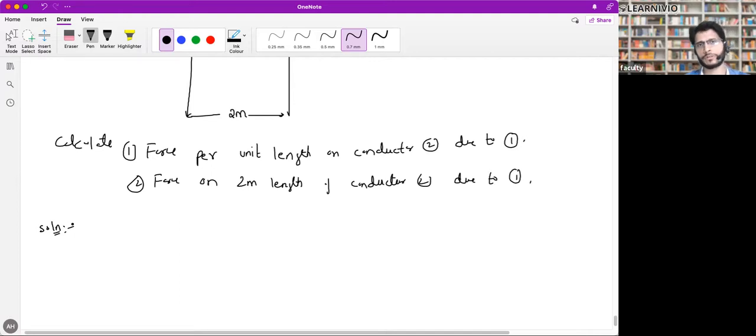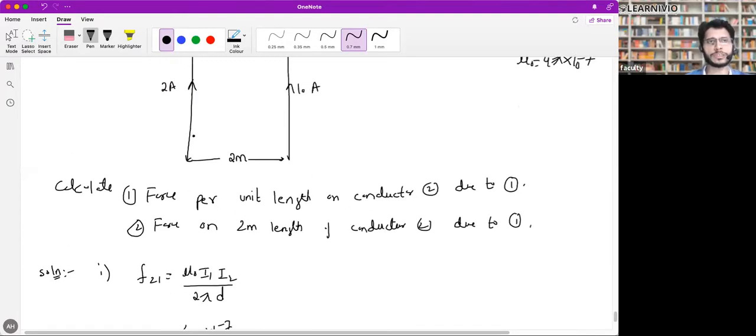Okay, good, Nazira. Now let's see. I need force on conductor 2 due to 1. I need force per unit length. The formula is mu naught I1 I2 over 2 pi d. Now let's substitute the values. Mu naught is 4 pi into 10 raised to the power minus 7.